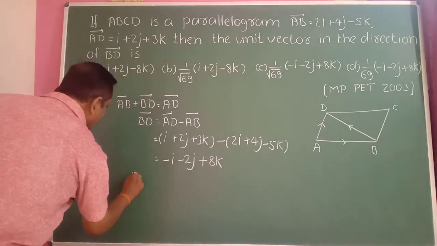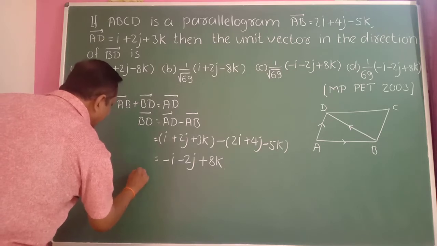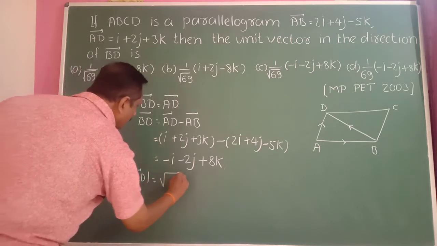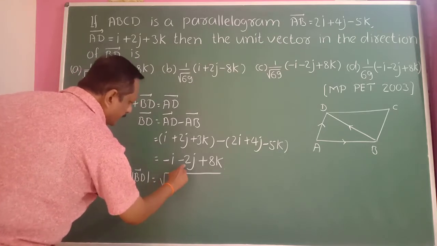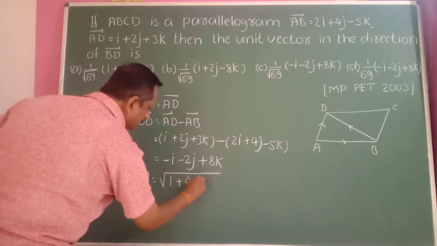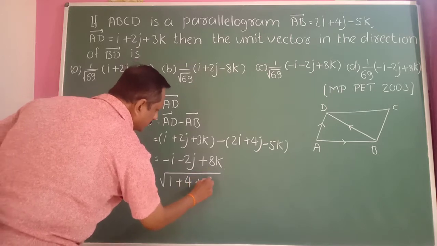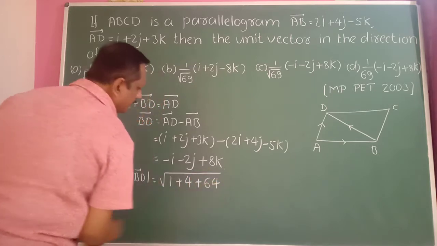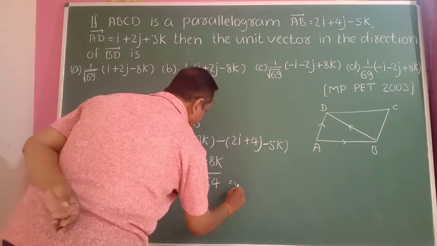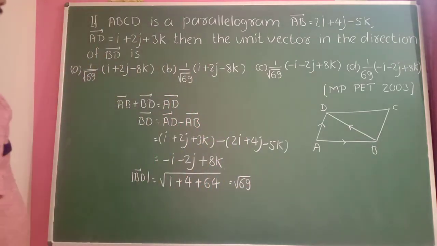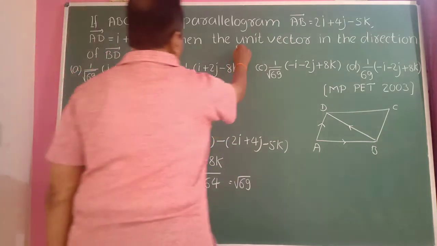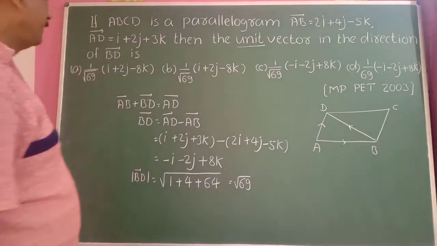Modulus of the vector BD is the root of minus 1 square is 1 plus minus 2 square is 4 plus 8 square is 64. Therefore, this equals root 69.